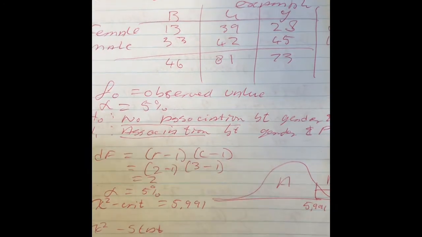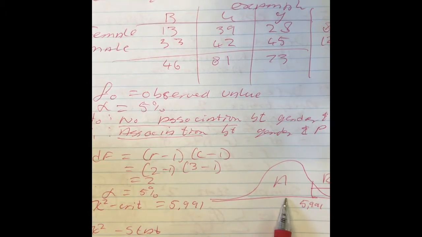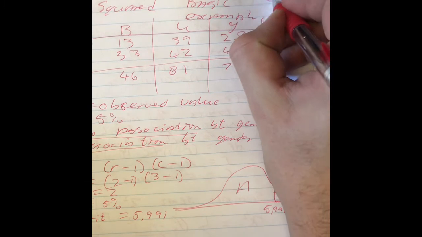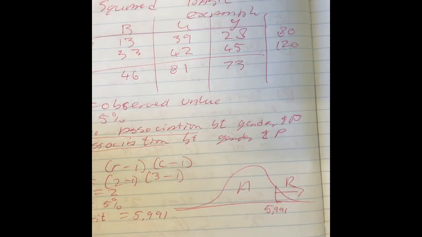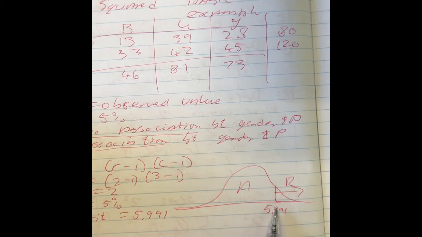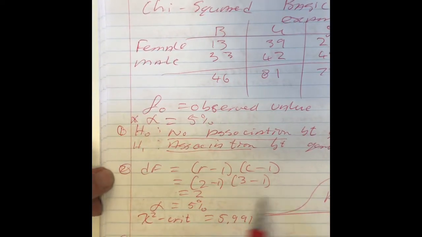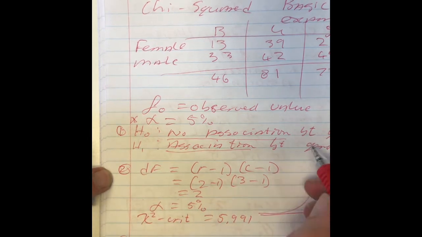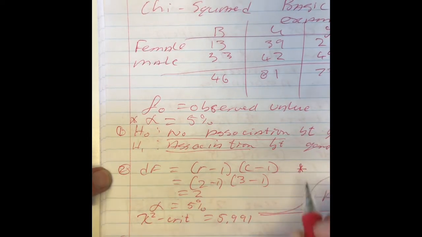Your second step is to get your area of acceptance and rejection. Remember, for chi-square, we are always working with an upper tail area of rejection. So we go and calculate our degrees of freedom. This is a new formula for degrees of freedom.